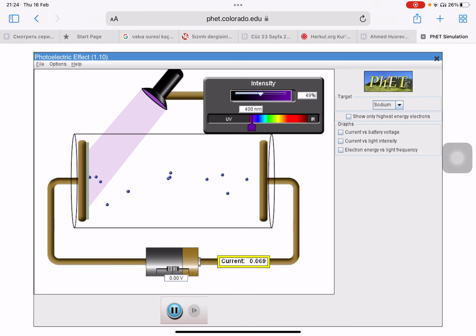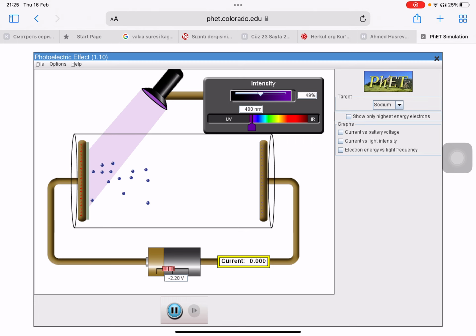You see here now the photoelectrons, in the case of 0 volts, are reaching the other side because the current is passing, and you see that the current is 0.069 amperes here, and the incident light is 400 nanometers.